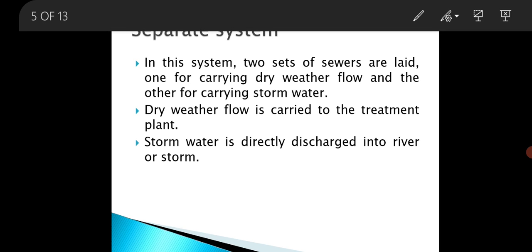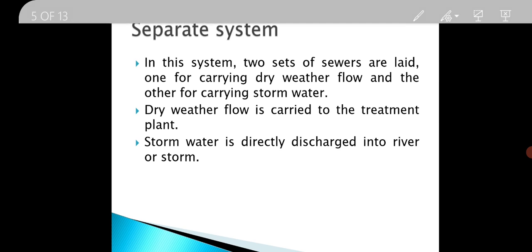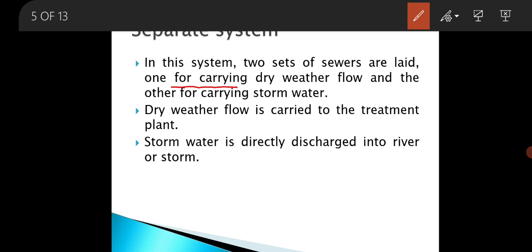So in separate system there are two sets of sewers. One sewer is for carrying dry weather flow and the other is for carrying the storm water.